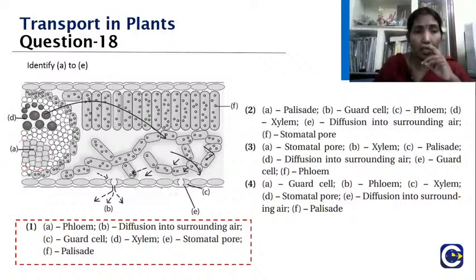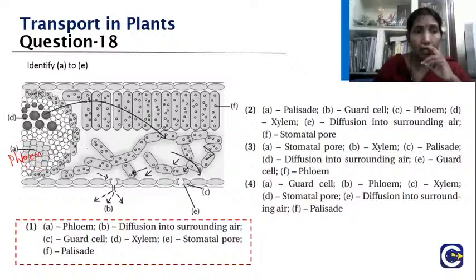Coming to the epidermis, you can see here beautifully the palisade layer. Here there is diffusion of air, the air is getting escaped through this process. And in C you see these are the guard cells, and these are the stomatal pores. So A is nothing but the phloem.